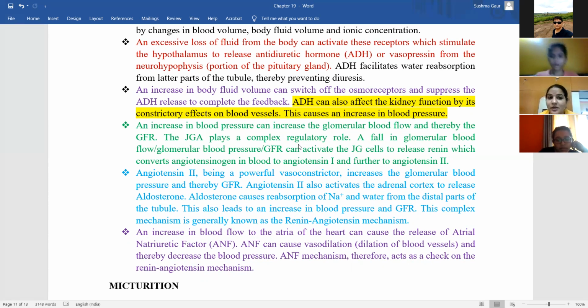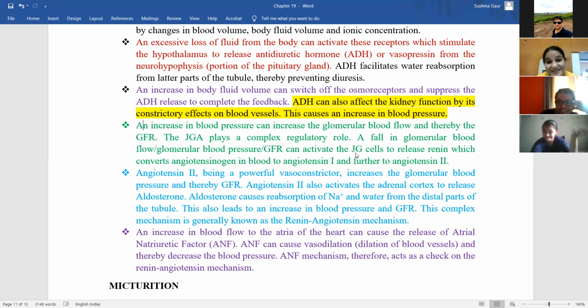So if increase in blood pressure increases the glomerular filtration rate, this JGA plays an important role in maintaining or regulating glomerular filtration rate. A fall in the glomerular blood pressure or glomerular filtration rate activates JG cells. What is the full form of these JG cells? Juxtaglomerular cells.